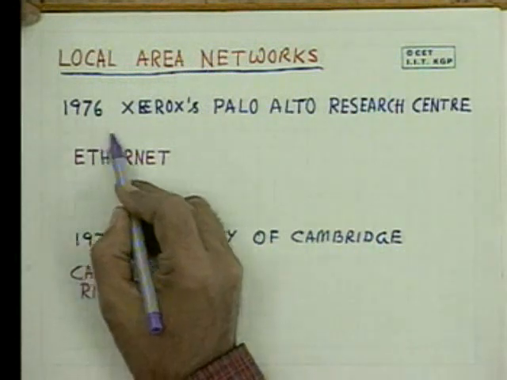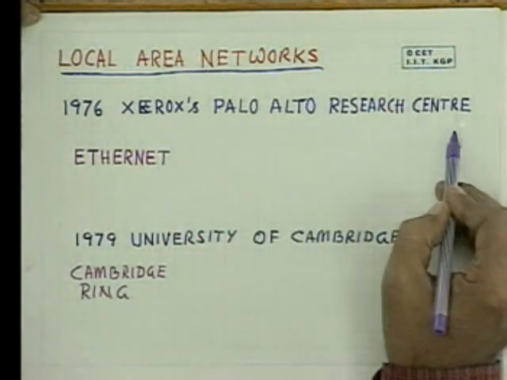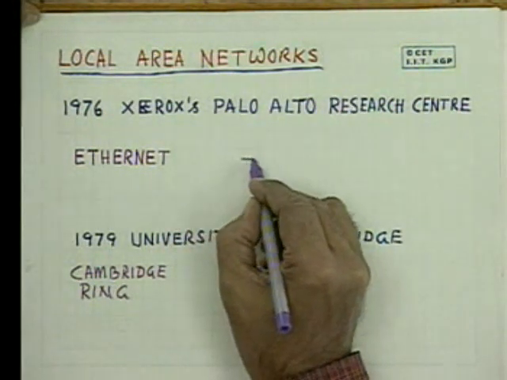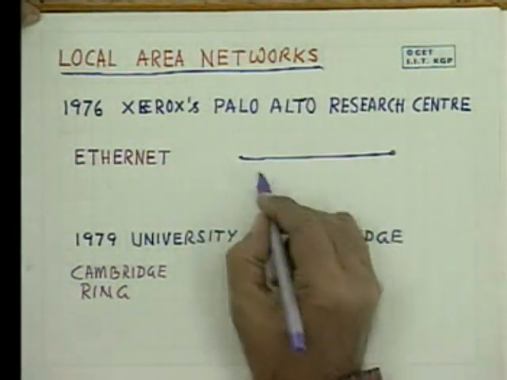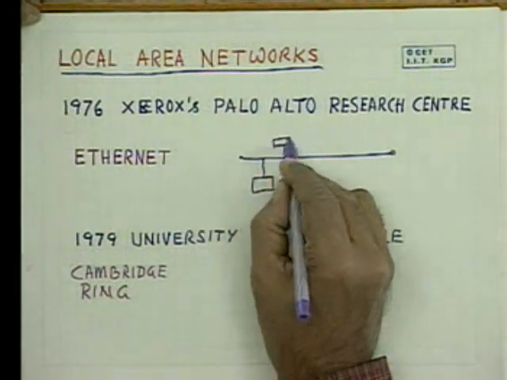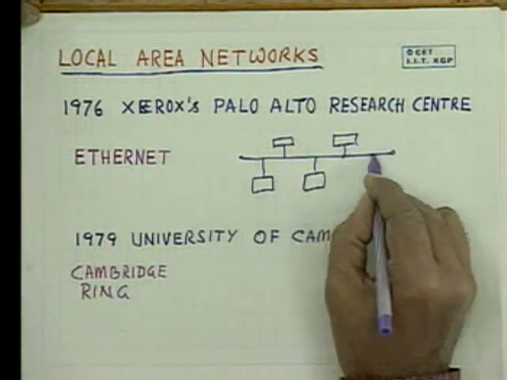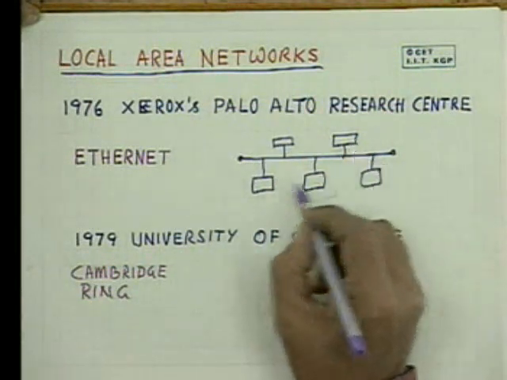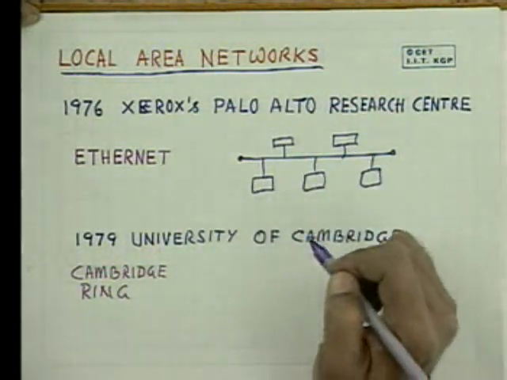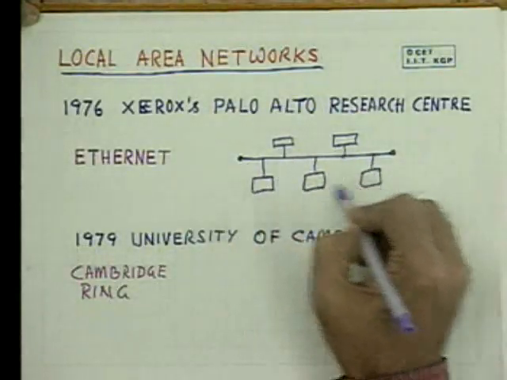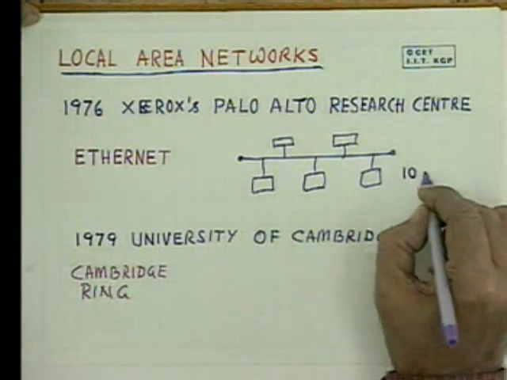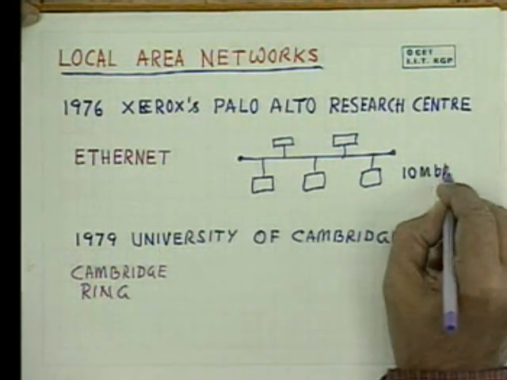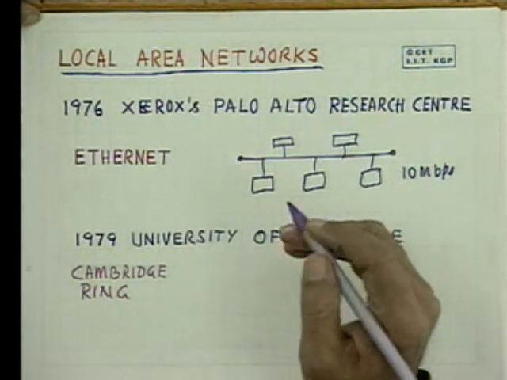For example, Ethernet, which was developed in Xerox's Palo Alto Research Center, has a bus technology on which a number of computers can be linked, and then they can share a single medium. A protocol called CSMA/CD, Carrier Sense Multiple Access with Collision Detection, was developed so that a single medium can be shared by a large number of computers, and they can communicate at the rate of 10 megabits per second, which is much faster than the telephone technology.